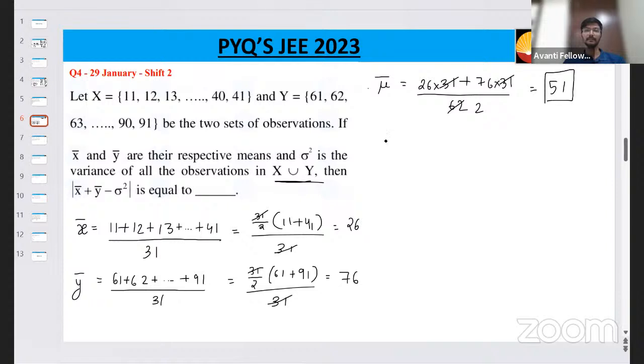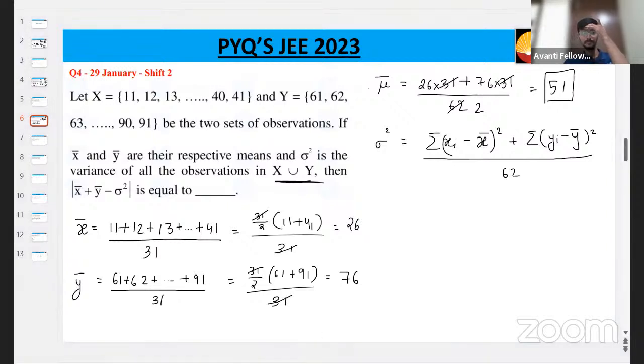Now, the combined variance is summation xi minus x bar, the whole square, plus summation yi minus y bar, the whole square, upon total number of elements, which is 62. Correct?